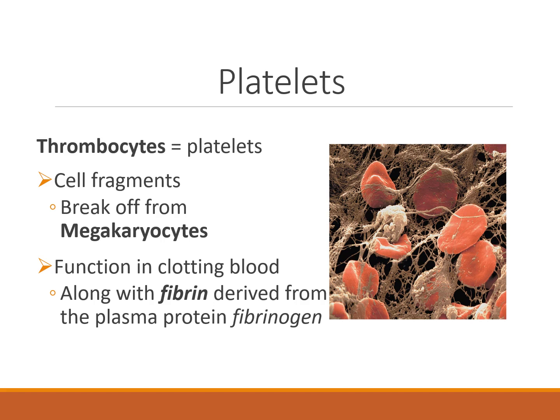So fibrinogen turns into fibrin, and if you look at our picture over here, we have our red blood cells kind of sitting around, and then we have all this stringy looking stuff. Now that's fibrin, okay? And here's a platelet. So what happens is the platelets activate all this fibrin and make it really sticky. And so all this fibrin sticks to all the red blood cells, creating a clot.